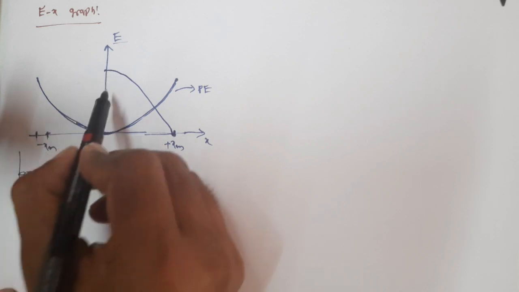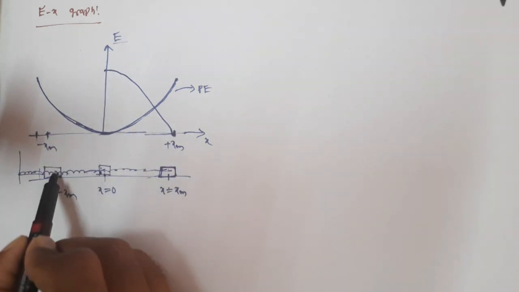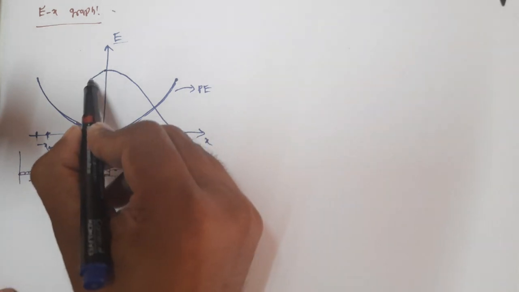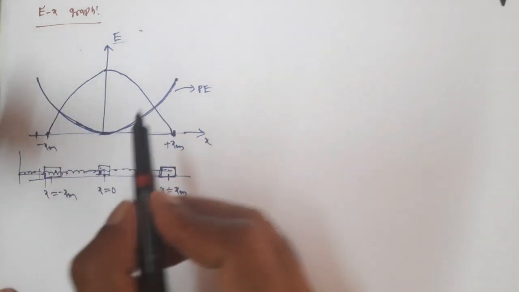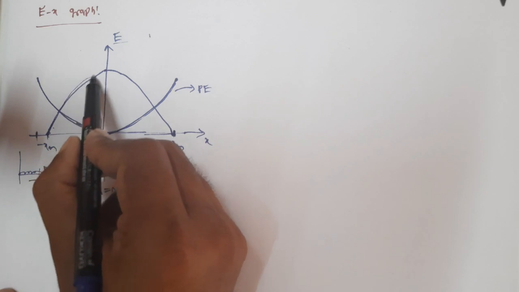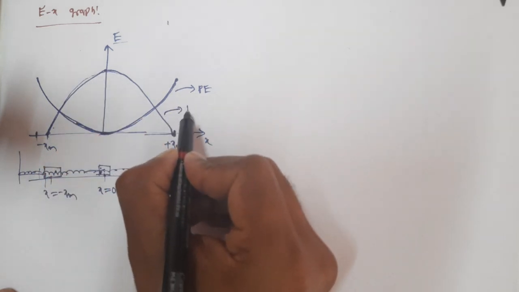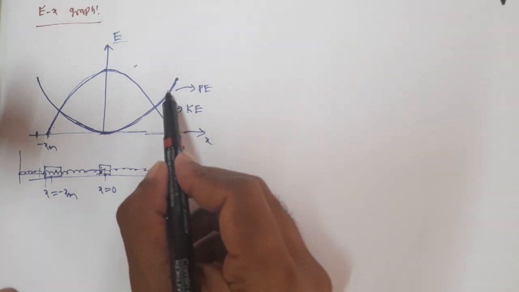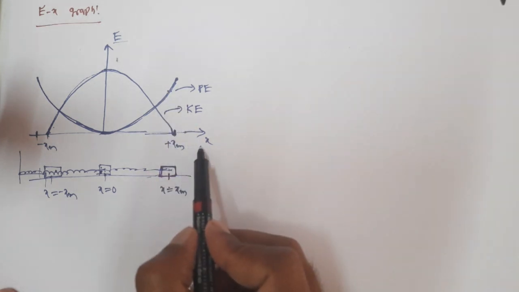Whenever the block moves from here to here, its kinetic energy decreases and finally becomes 0. So this graph indicates kinetic energy versus position, and the other graph indicates potential energy versus position x.